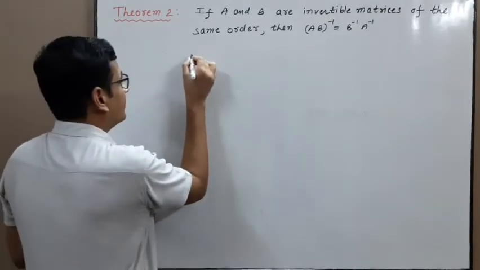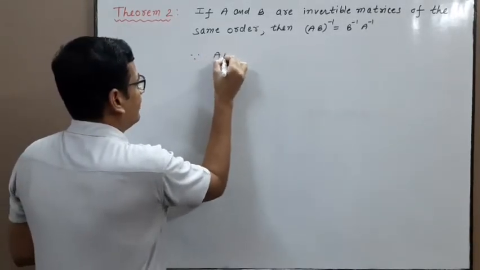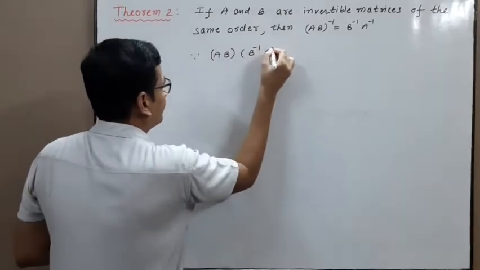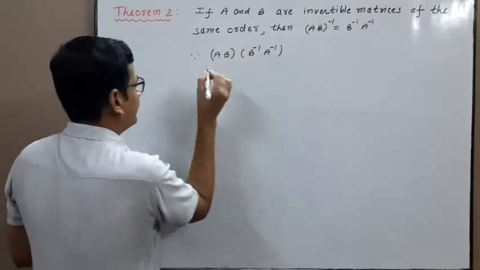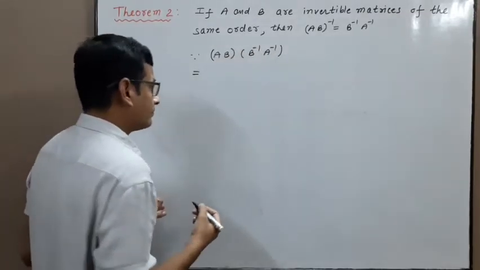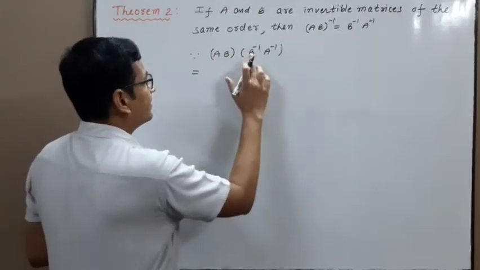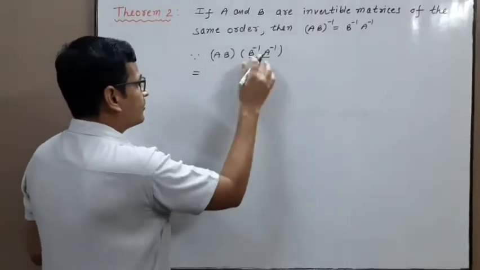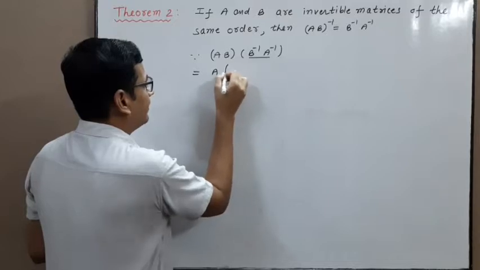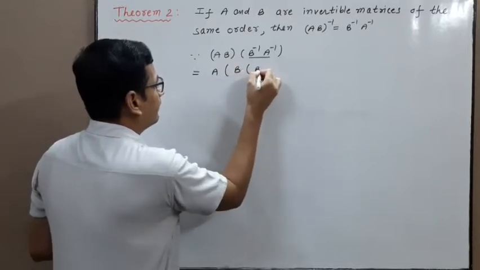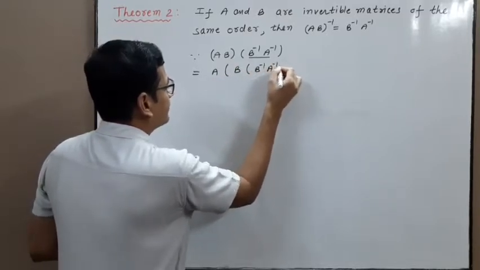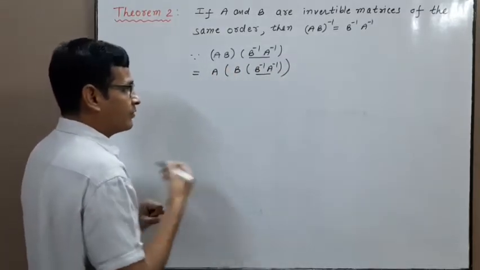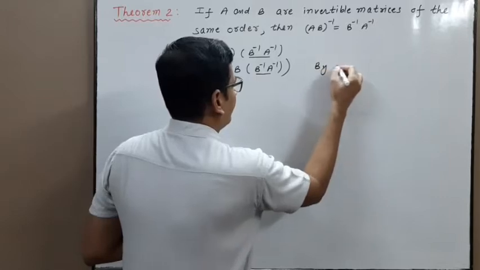So now, AB into B inverse A inverse is equal to, let us consider this is single matrix. So use associative law. A into B, B inverse A inverse. This is single matrix. Apply associative law.